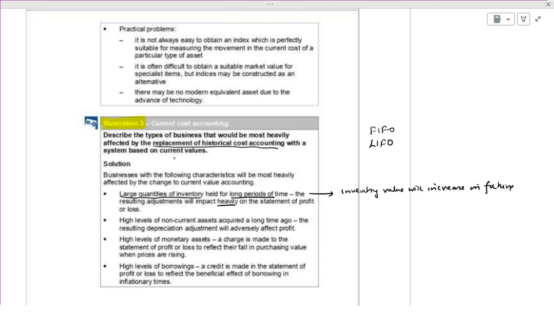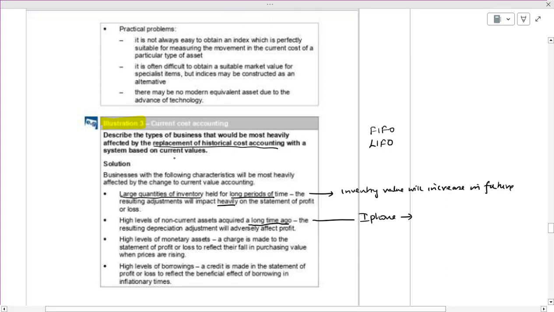Fine. High level of non-current assets acquired a long time ago. You have purchased. Okay, I will give a small example. People say that when the iPhone is launched, a new model in the month of September, the prices will be very, very high. Assume the price will be around 600 or so. This happens in September 2023.